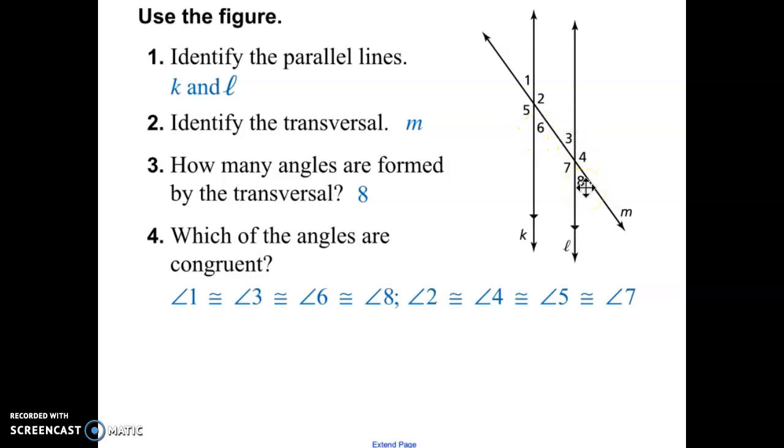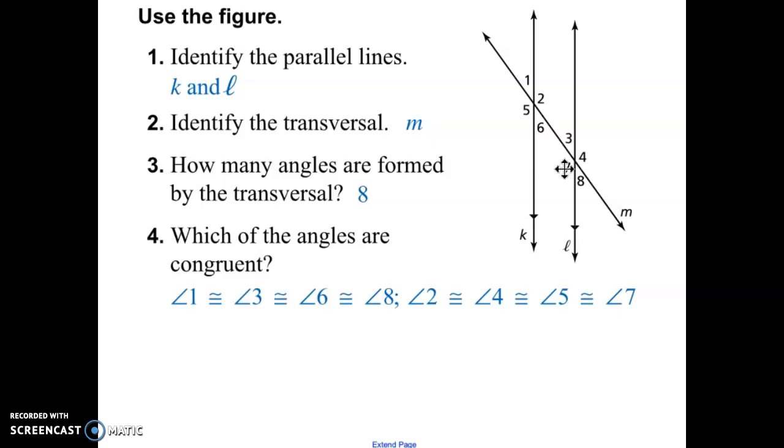And they're congruent because that's what's called a vertical angle. So the opposite of that is true too, that 2 and 5 and 4 and 7 are also congruent angles to each other. So 1, 3, 6, 8 are congruent, all the same measure, and 2, 4, 5, and 7 are all the same measure.